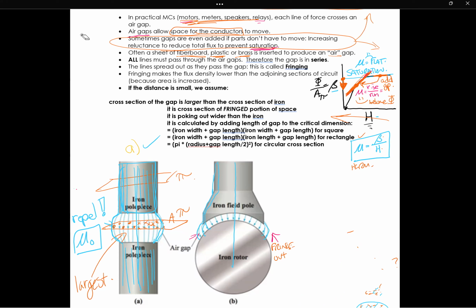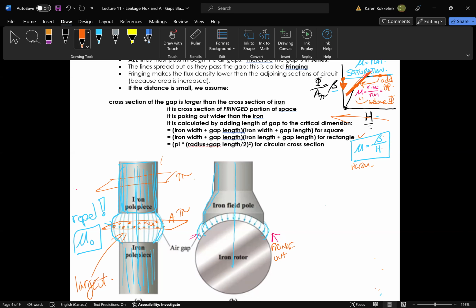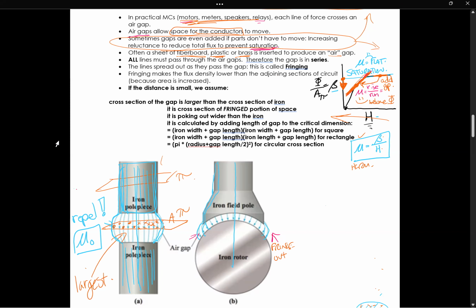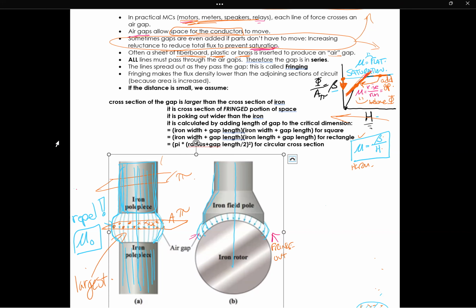All right. Now, what is the effect of them fringing out? Well, I don't know what this cross-sectional piece looks like, but let's say this is a square cross-section, and we're going to look at the cross-section in purple here. And we'll see how this affects our math. So the cross-section of the iron piece just looks like this.